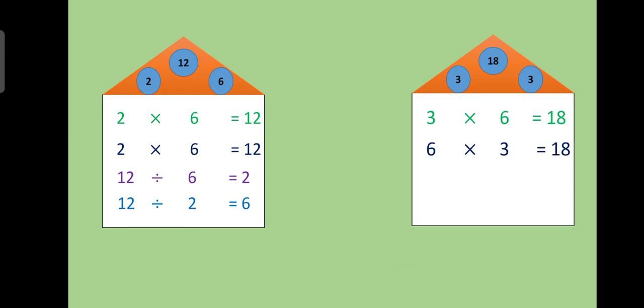Or 6 by 3 equals 18. In a division equation, we arrange them big, small, small. So it will be 18 divided by 6 will give the third number 3. Or 18 divided by 3 equals 6.